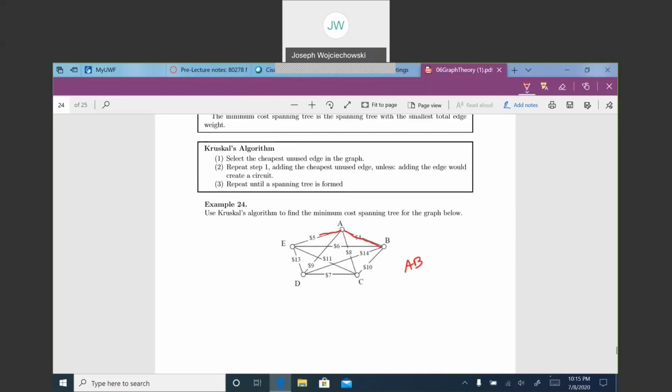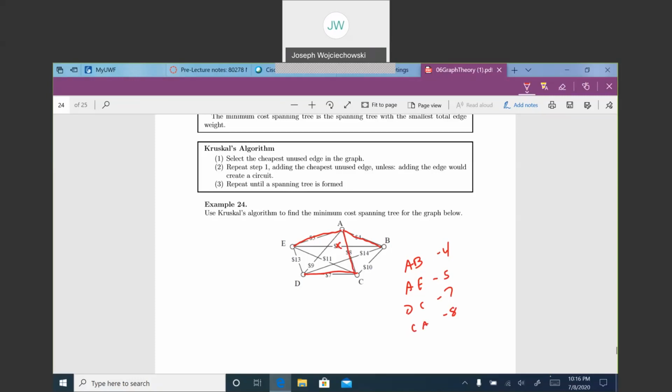So my cheapest edge appears to be this one here, AB. It doesn't say we can't visit it more often. So AE. Now I can't go to 6 here, because that could give me a circuit. So there is the 7 here, DC. Then I have an 8 here. Actually, yeah, I have to connect CA.